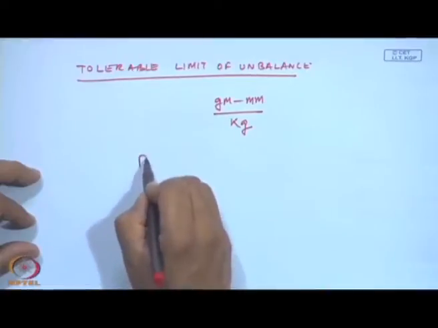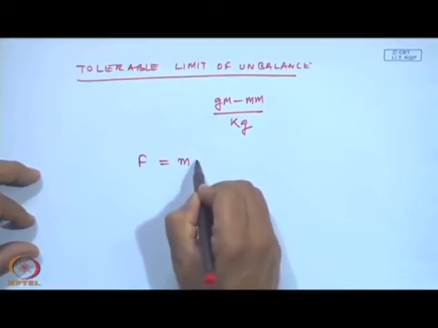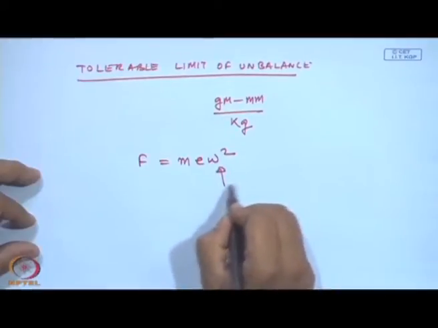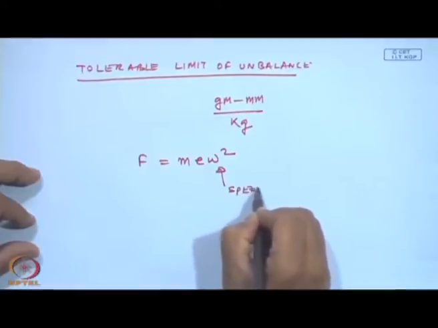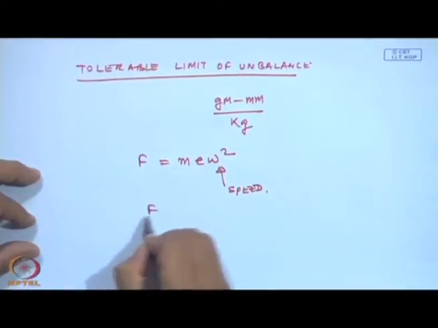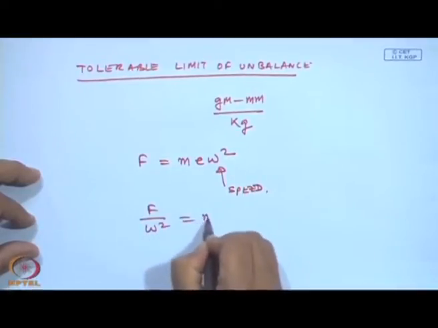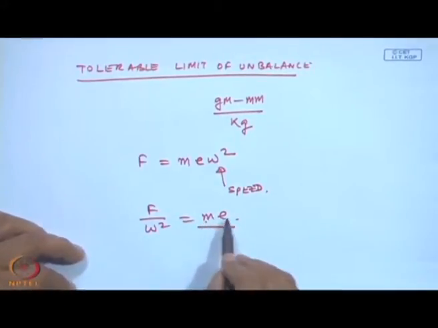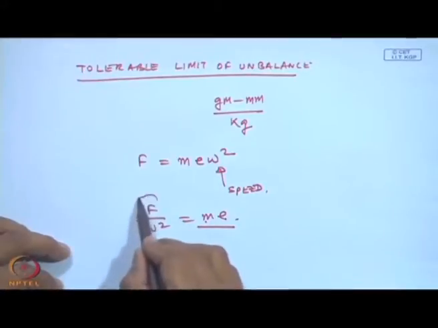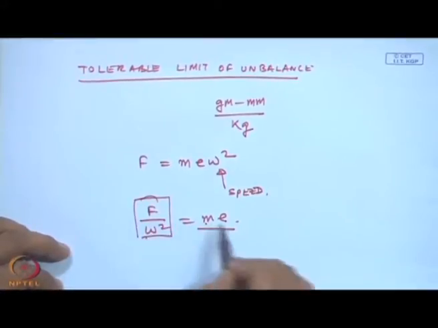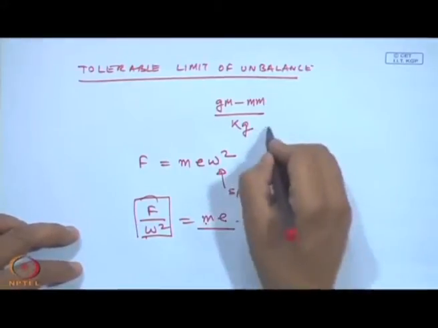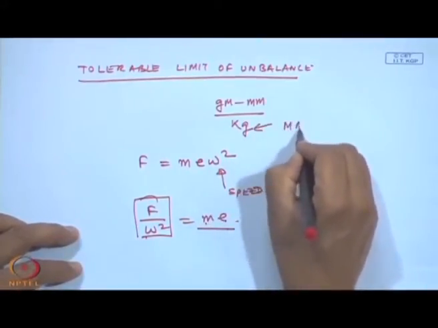Because if the unbalance force is m e omega square, if I remove the speed unit out, F by omega square is equal to m e. So, I can say it as gram per millimeter, and at a particular speed I know what the residual is, and this is the mass of the rotor in kg.